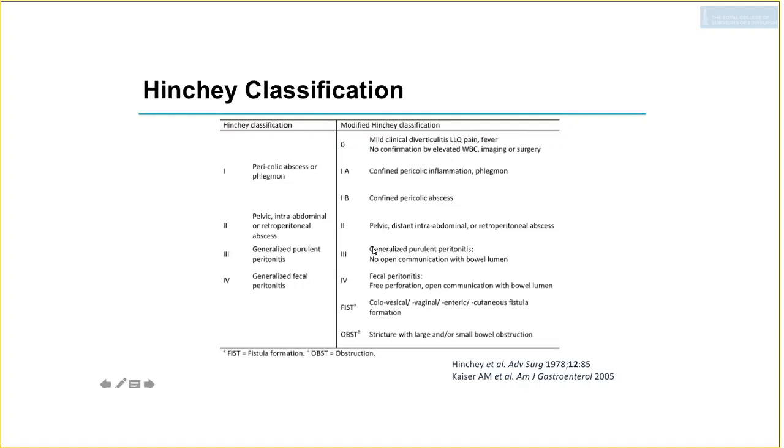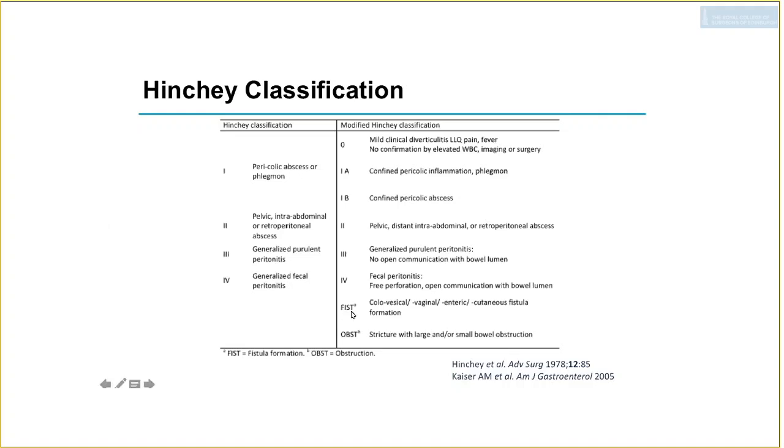So I'd concentrate on the right-hand side. There's your 0, which is your mild case we've talked about. And then progressively worse inflammation, an abscess that's confined, an abscess in the pelvis mostly in Hinchey 2, and Hinchey 3, the generalized peritonitis, and the worst case, which is the fecal peritonitis, which is the Hinchey 4.